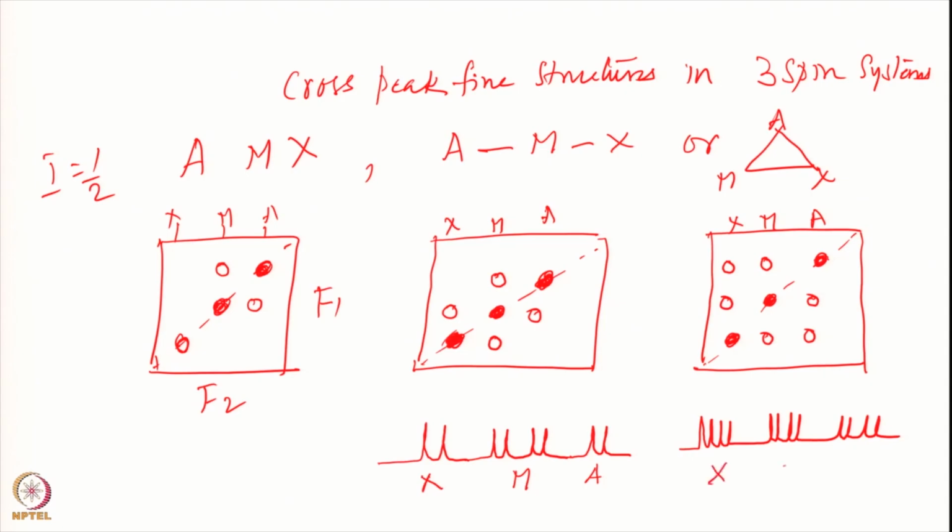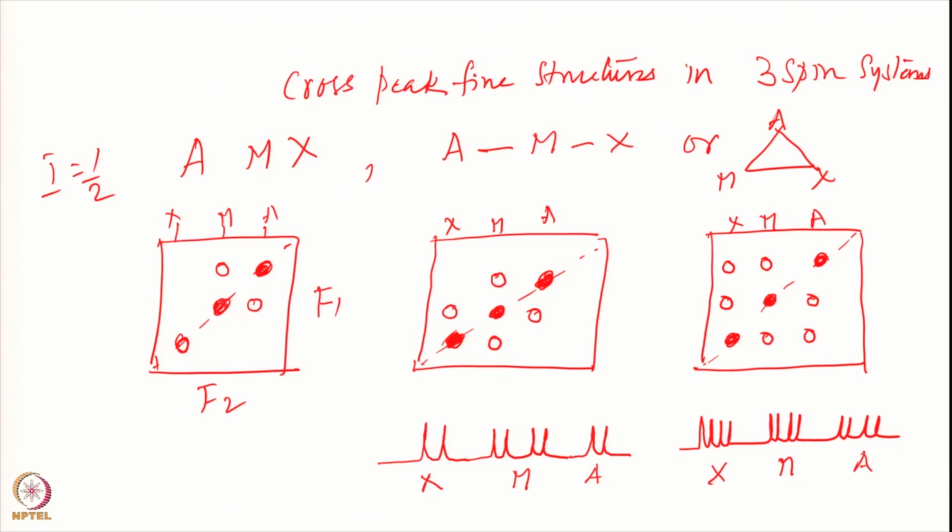So this is X, this is M, this is A, and this fine structure will show up in the cross peaks and the diagonal peaks as well. Now which coupling is responsible for which cross peak? Suppose I take the AM cross peak. In the AM cross peak, this is arising from the coupling from A to M.